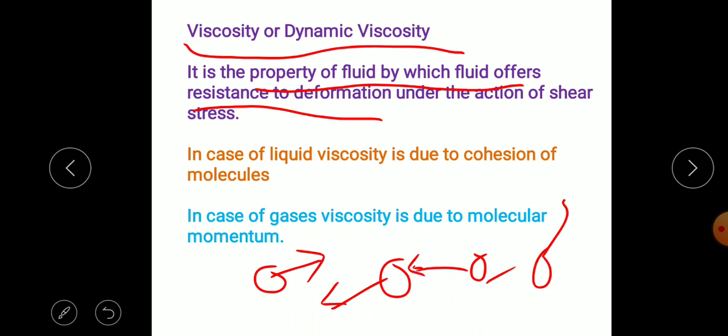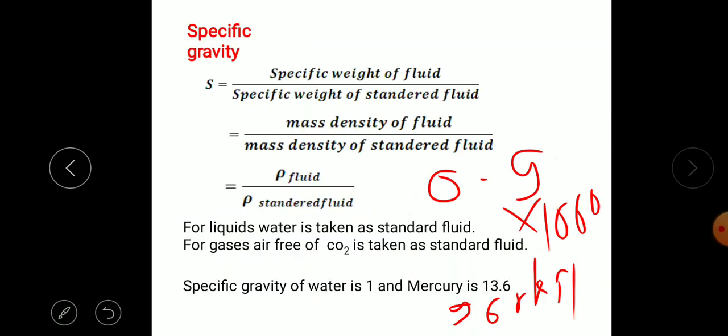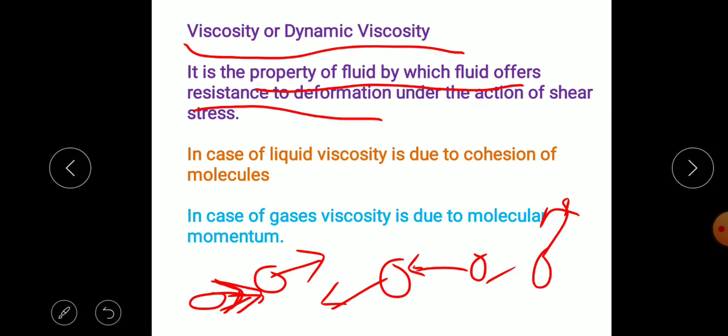When they are heated or moving with a higher velocity, they collide with each other. Suppose one molecule is moving with a high velocity; it transfers its momentum to the next molecule, so the high velocity of the molecule is reduced by the momentum transfer.